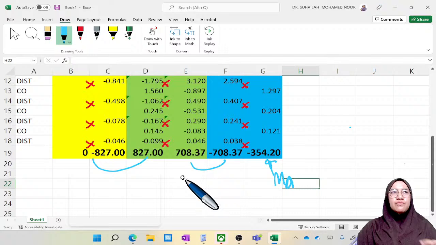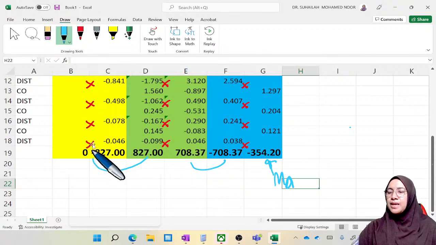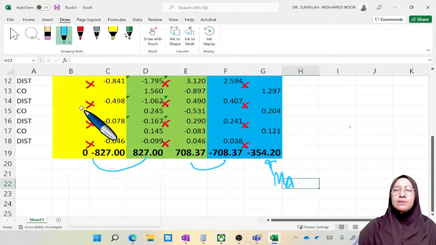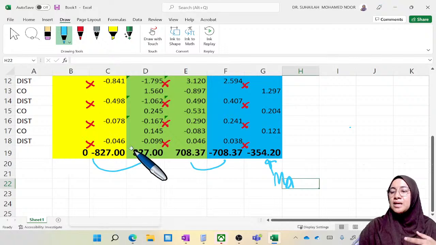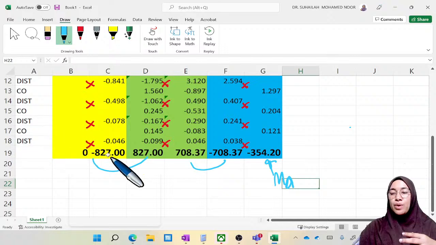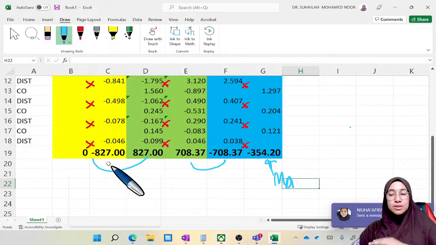Okay. So from the table, we get the end moment easily because we have set the formula under distribution and carry over, and then we just need to copy and paste, and then we drag until last distribution, where the last distribution equal to 0.0 something.